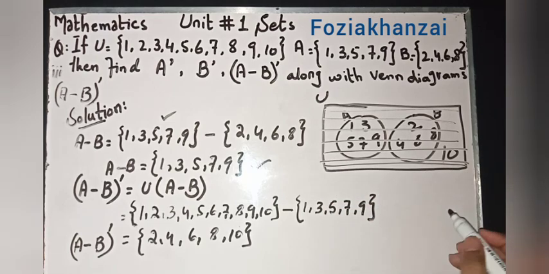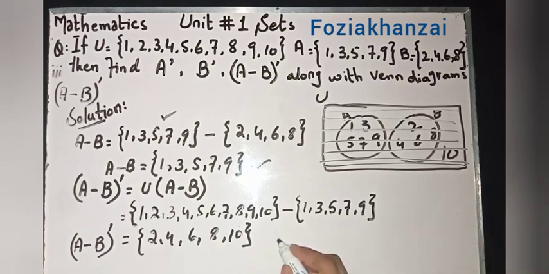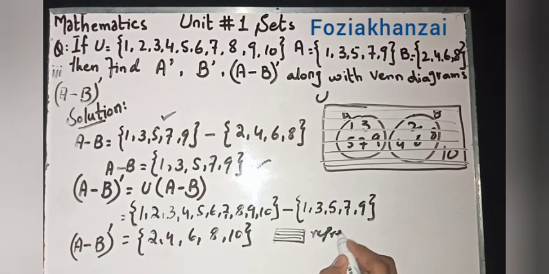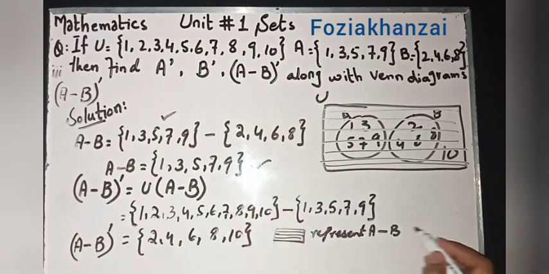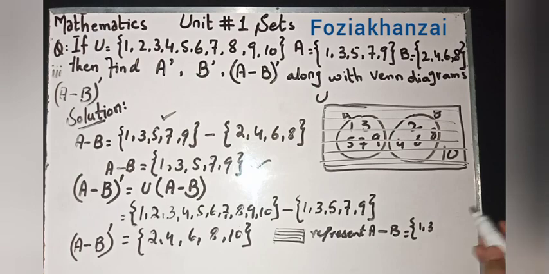So horizontal line represents A difference B. Horizontal line represents A difference B, this one. Answer of A difference B: 1, 3, 5, 7, 9.